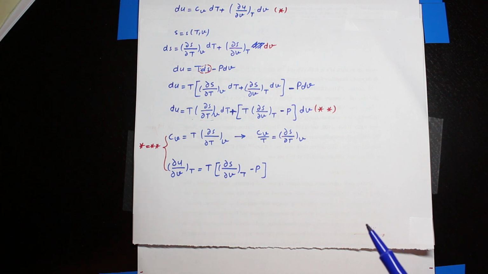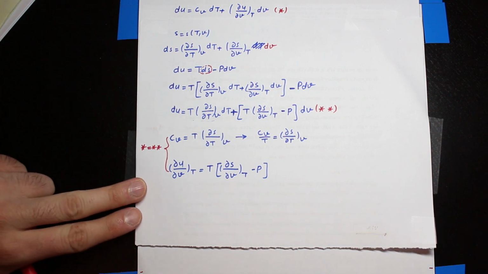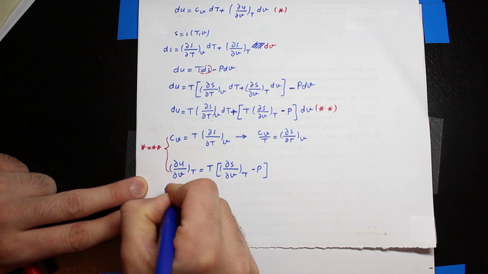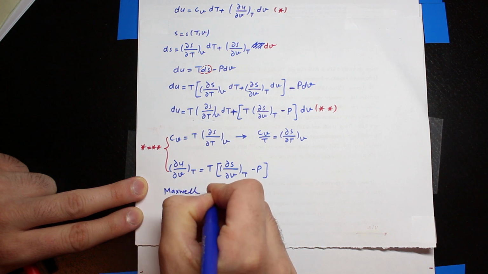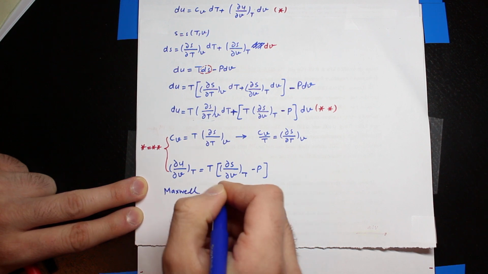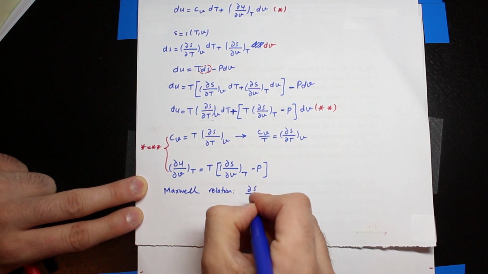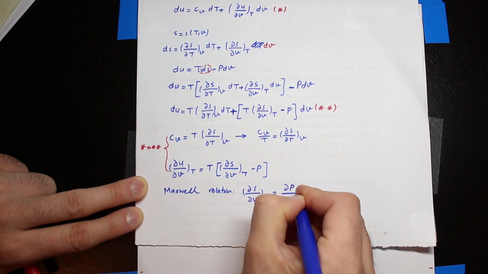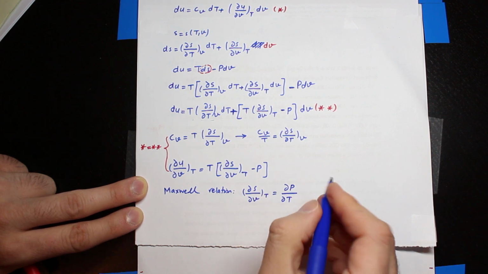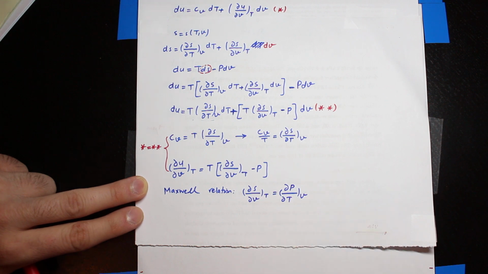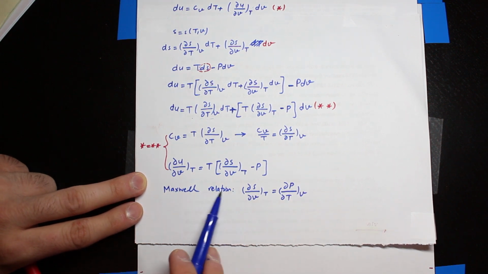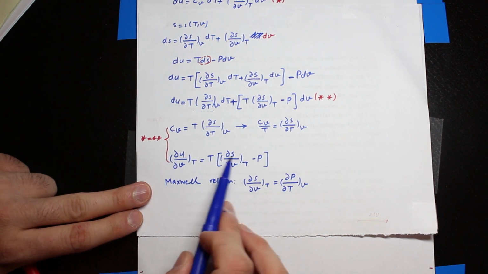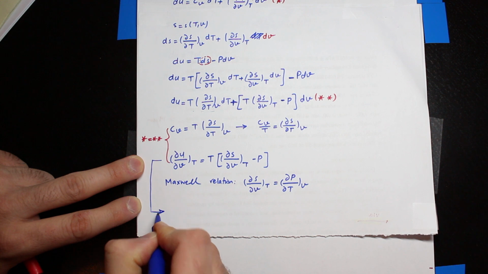Now I'm going to apply one of the Maxwell relations on this correlation. If you remember, one Maxwell relation said partial S partial V when temperature is constant is equal to partial P partial T when volume is constant. We had 4 Maxwell relations and this was one of them. Let's rewrite this using this concept.